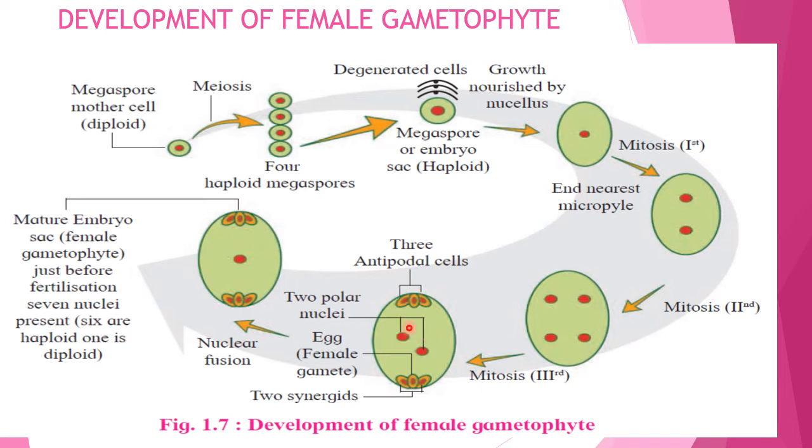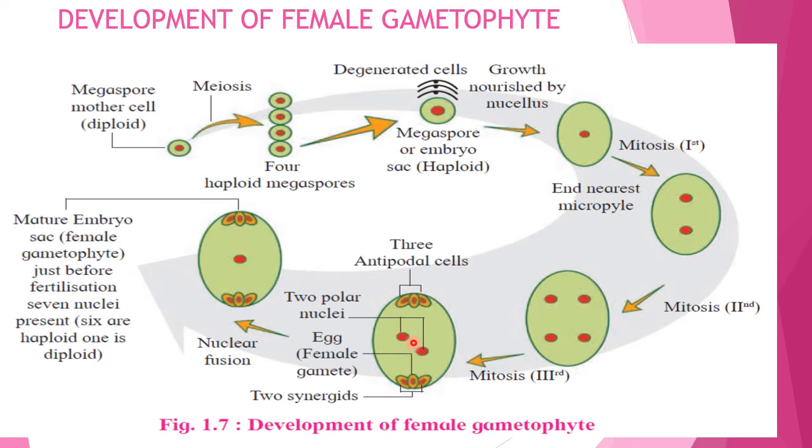Now of those, 4 will be on one pole and 4 on the other. In either pole they are arranged first. From those 4, one nucleus from either pole shifts towards the center. These 2 haploid polar nuclei come towards the center, and they fuse together to form a secondary nucleus, or definitive nucleus, which is diploid after fusing.